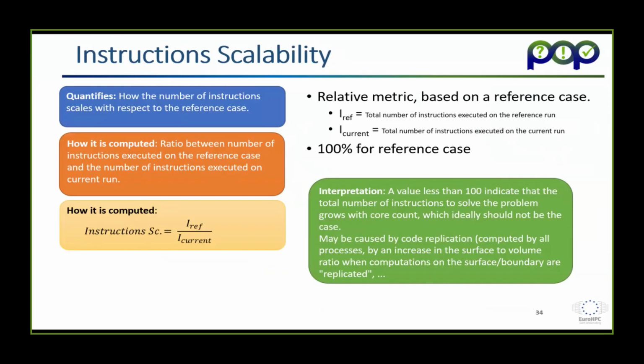And it tells us if it's a strong scaling, if the number of instructions increased when I divide it among more processes. It can also be computed with reference to a weak scaling case. Usually, this means that I have code that is being replicated when I'm scaling the code. So that's where I would need to look, where these additional instructions are going.